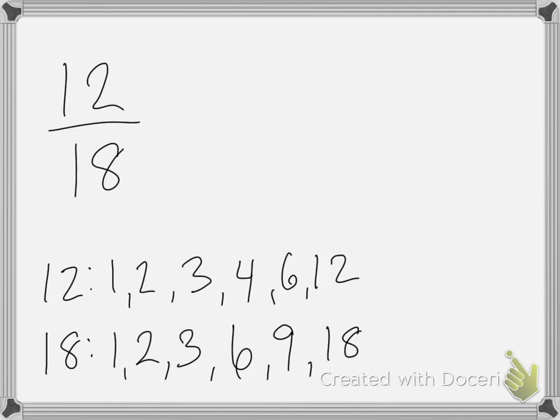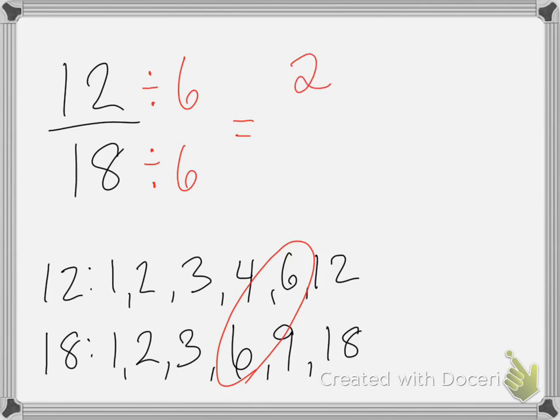Okay, so the greatest common factor here is the number 6. Then we divide the numerator and denominator by 6. 12 divided by 6 is 2. 18 divided by 6 is 3. So 2/3 is my simplest form.